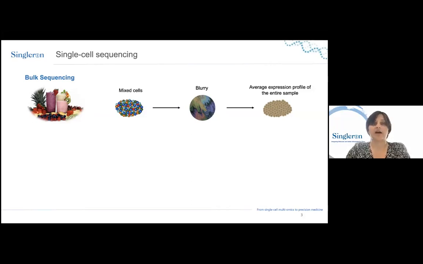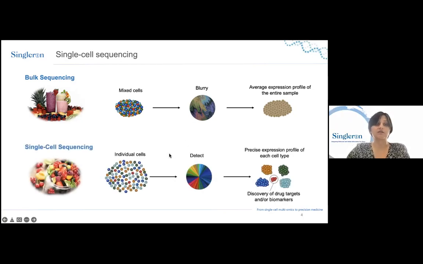In such a scenario, if you use traditional bulk sequencing, you end up with an average expression profile of the entire sample. Bulk sequencing takes the whole sample and mixes all the cell types present together. So in the end, you cannot really distinguish between the individual cell types in your sample. For this reason, single-cell sequencing technologies have been developed to overcome this obstacle.